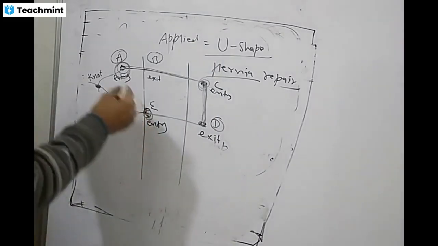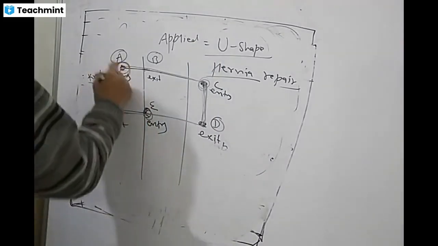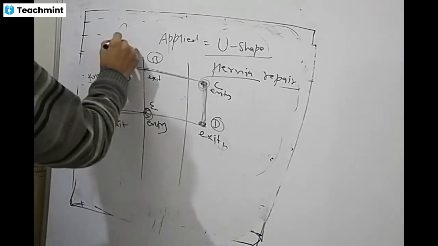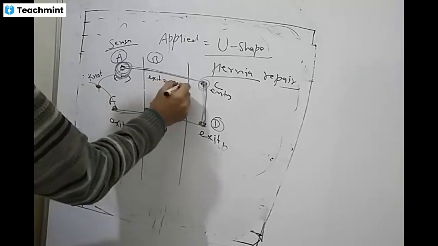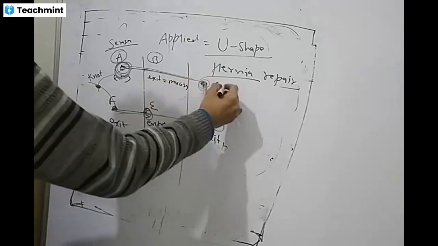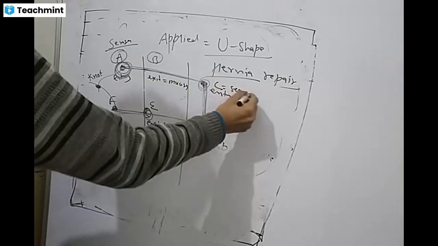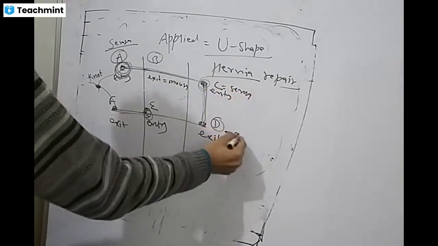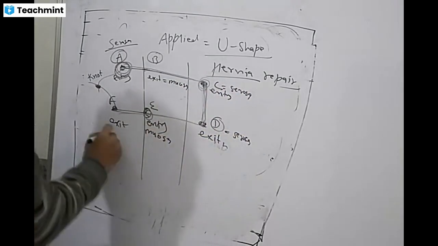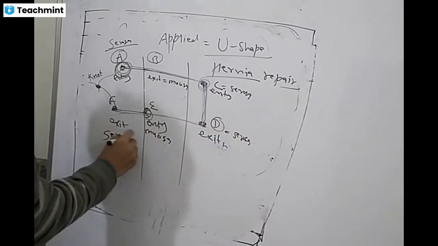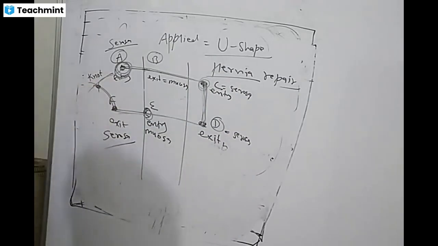So the first is entry from the serosa, second exit is from the mucosa, then serosa, serosa, and mucosa.